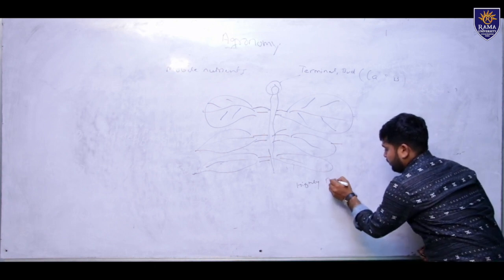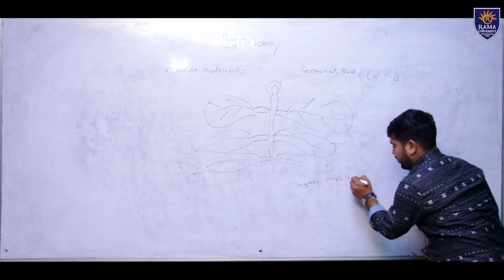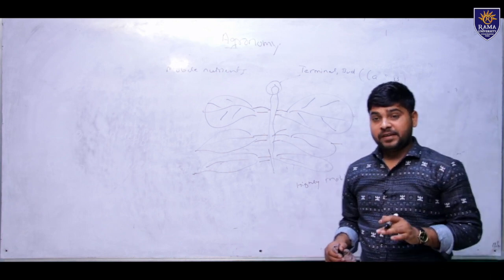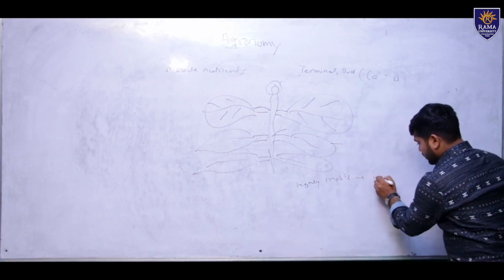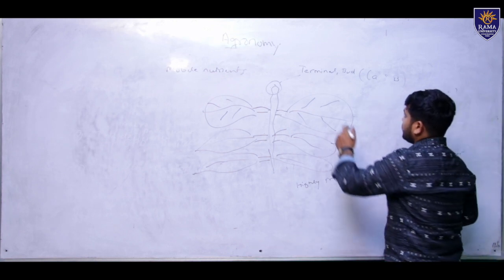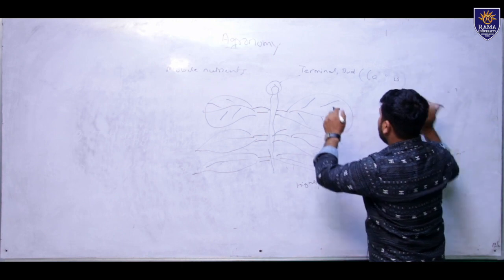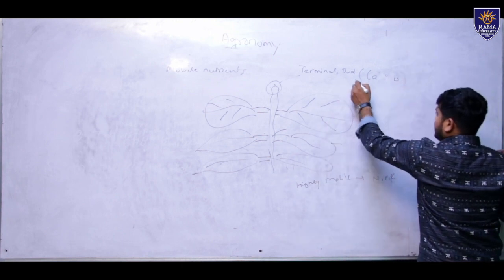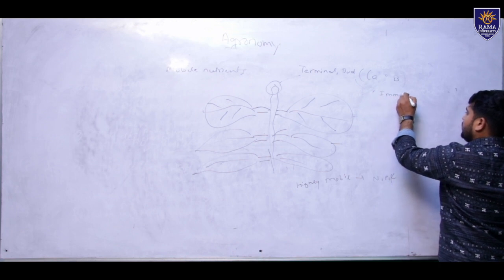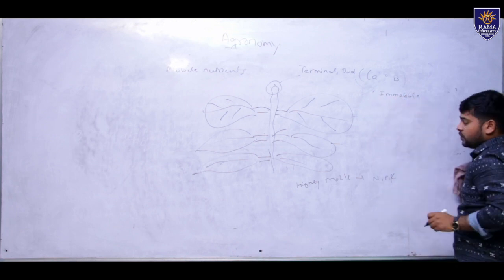Highly mobile nutrients are NPK: nitrogen, phosphorus, and potash. Then immobile: terminal bud nutrients are immobile in nature.